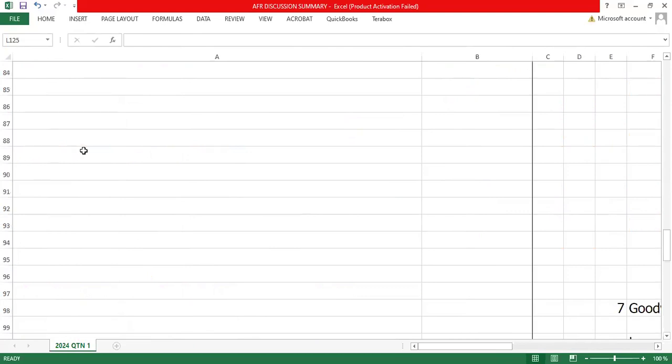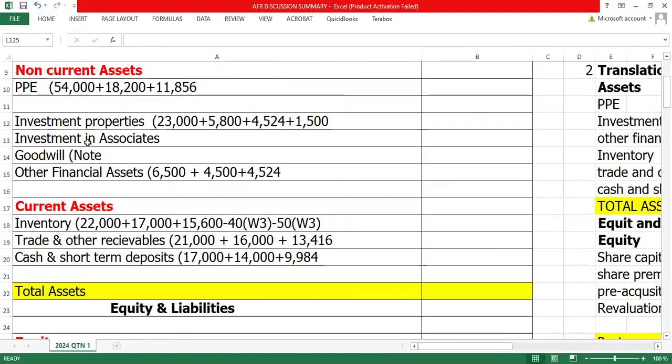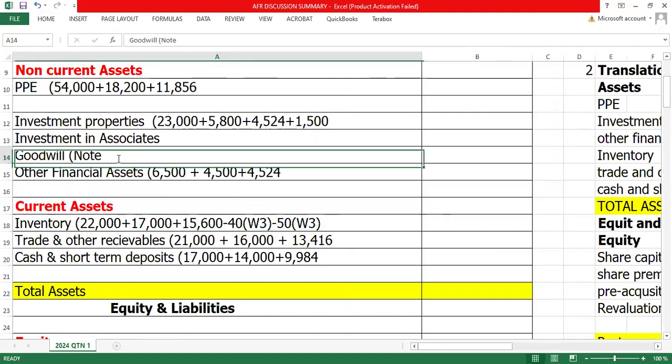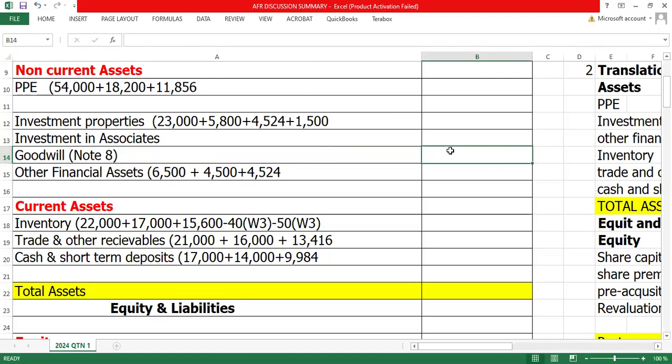So you come here where you have goodwill. Do you have goodwill somewhere? Yes, here. Not number 8. So you put here the figure 22266, and you're done.